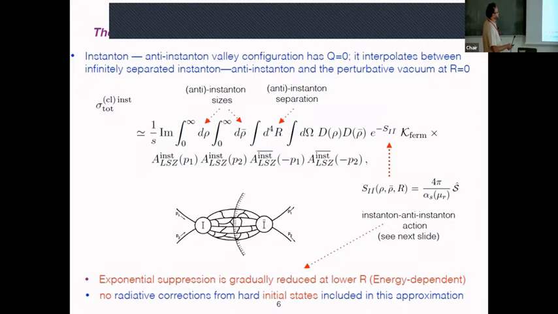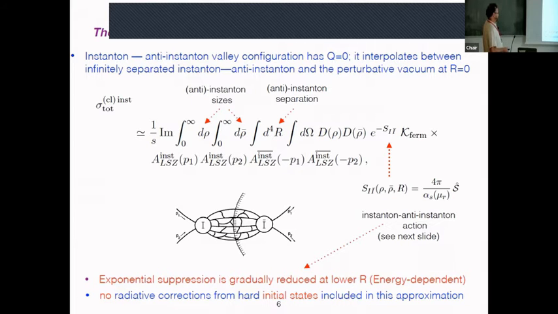The instanton determinants are inside these instanton densities, d of rho and d of rho bar. Rho bar is the size of the anti-instanton. There is the instanton anti-instanton action in the exponent. There is a contribution K fermion which takes into account all the NF pairs of fermion anti-fermion states in the final state, or intermediate state from the perspective of the forward elastic scattering amplitude.